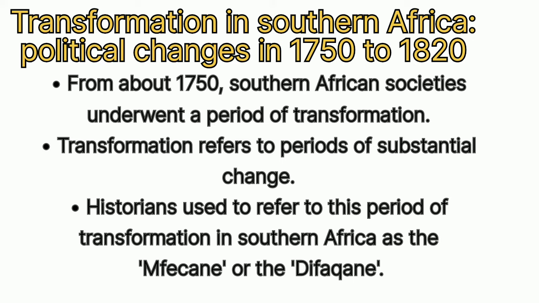From about 1750, Southern African society underwent a period of transformation. The transformation refers to a period of substantial change, as I've explained before. Historians used to refer to this period of transformation in Southern Africa as the Mfecane.